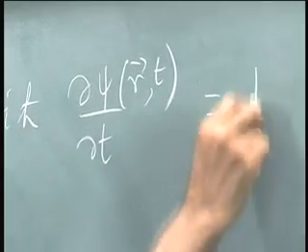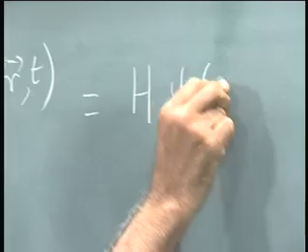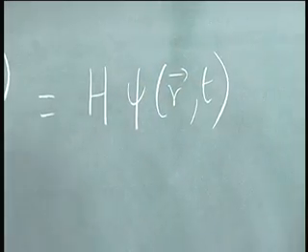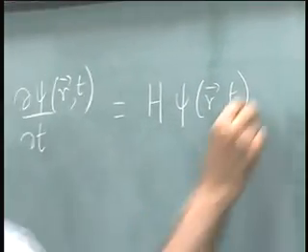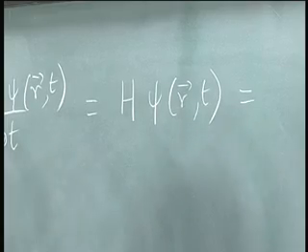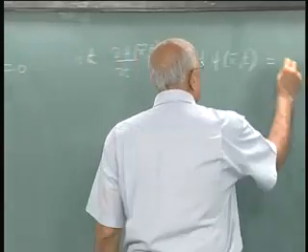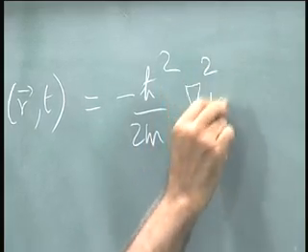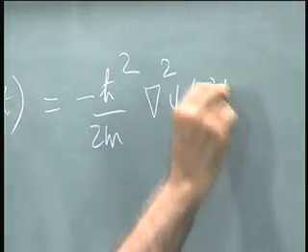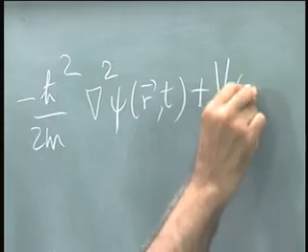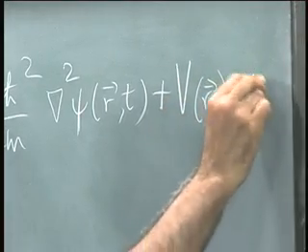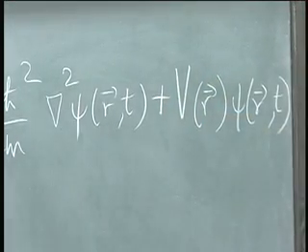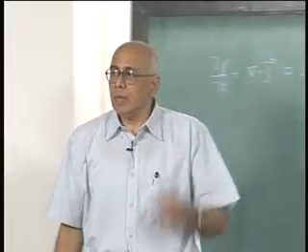This is equal to the Hamiltonian in the position basis on psi of r and t, and the Hamiltonian is the sum of the kinetic energy plus the potential energy, and in the position basis this is minus h cross squared over 2m del squared psi of r comma t plus some potential V of r which multiplies psi of r comma t. So that is the time dependent Schrodinger equation in the position representation for a particle moving in some potential V of r.